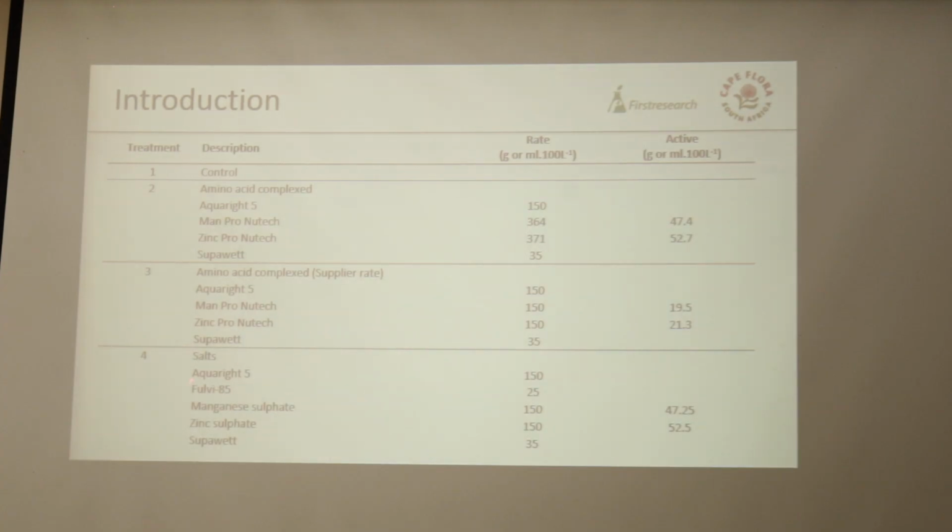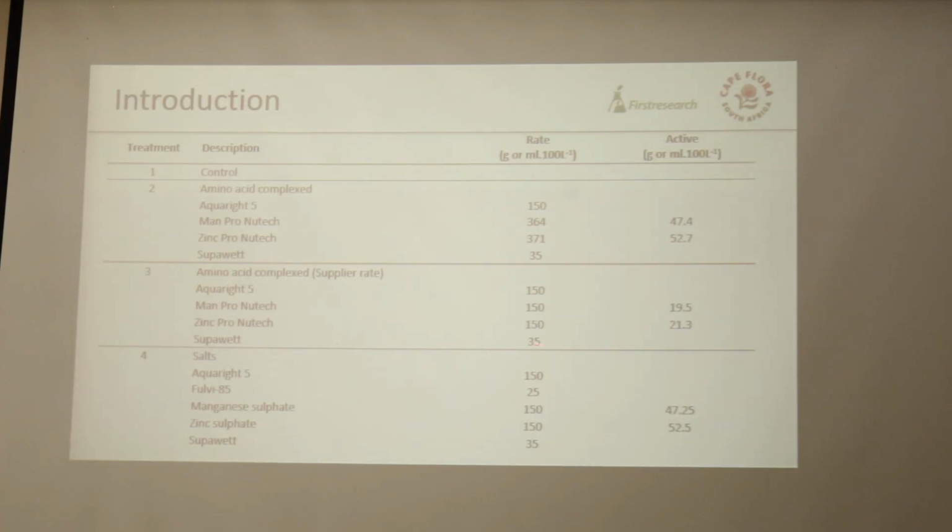And then for the salts, I also used the recommended rates. It's 150 grams, 150 grams. But then I wanted to see, if you actually work it out, you can see the active manganese and zinc versus the active, not volume, but grams of manganese and zinc. It's much higher with the old sort of sulfate traditionals than what it would be with amino acid, because they say that the uptake is better, so you can use less.